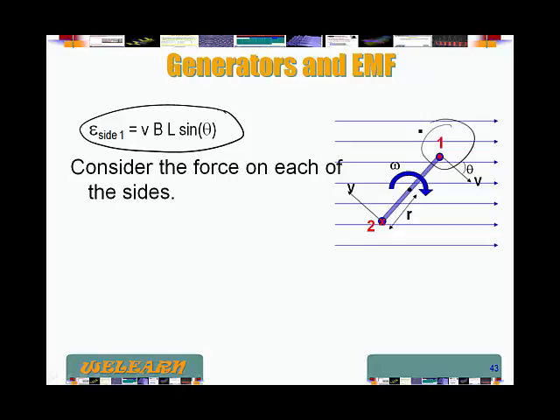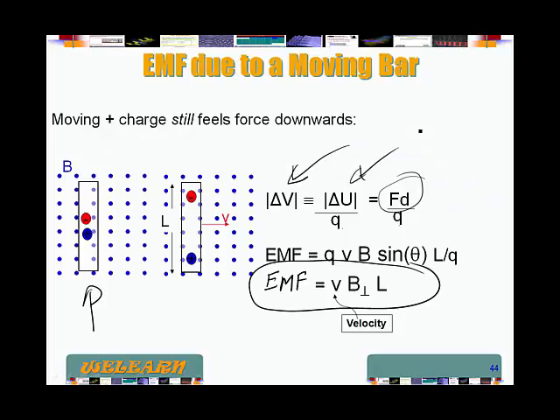In the same token, now if you try to apply the right-hand rule, like we did here, look at the right-hand rule here. We have the magnetic field coming out of the page. The velocity is towards the right. So when you use your thumb towards the right of the page, your fingers outside of the page, pointing perpendicular to the page, then you'll see that your palm is going to point down, saying we have the positive charges being pushed downwards, giving us a direction of the current in this direction.